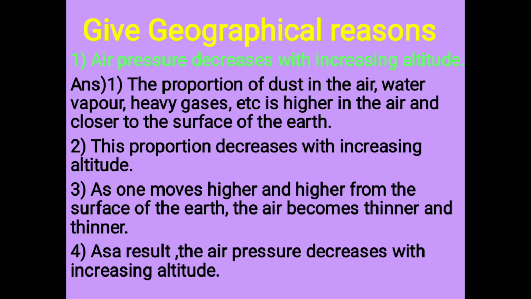Number 2. This proportion decreases with increasing altitude. Point number 3. As one moves higher and higher from the surface of the earth, the air becomes thinner and thinner. Point number 4. As a result, the air pressure decreases with increasing altitude.